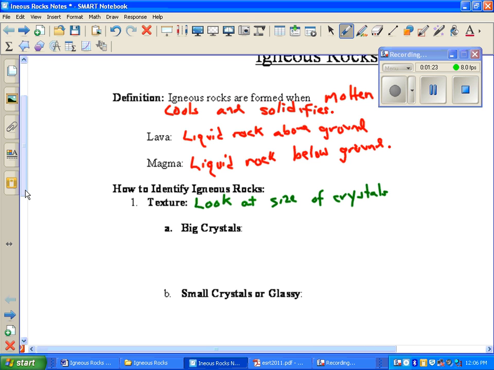Okay? If it has big crystals, that means it cooled slowly, because crystals take a long time to grow. To cool slowly, that means it had to cool underground. And there are two words that we use if it cooled underground.